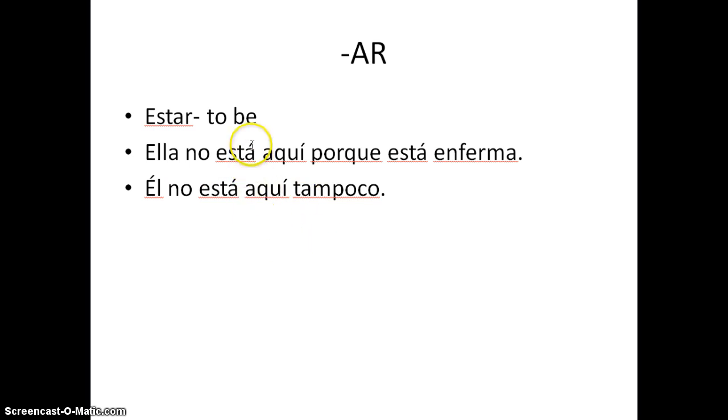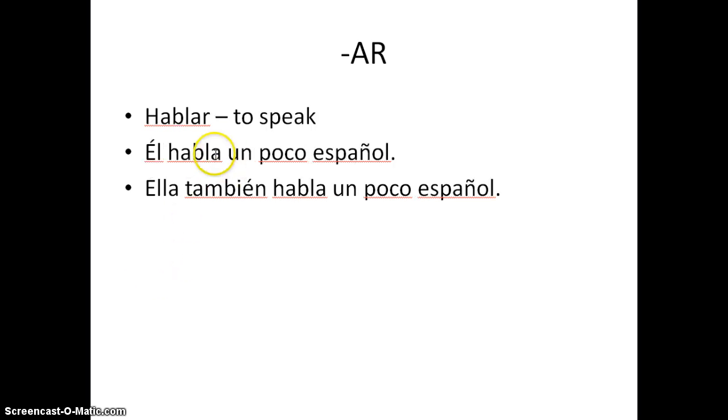You do notice that estar also has an accent mark written over the last a. And that's of course also part of its irregularity. Most AR verbs in the third person singular conjugative form will not have accent marks there. It affects stress, of course. So you have to stress this on the next to the last syllable because it ends with a vowel. Instead of blah, you say ah.